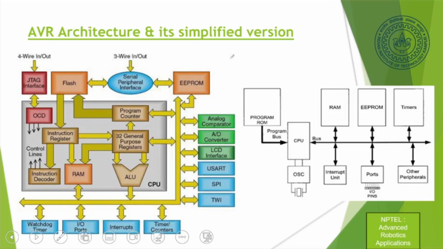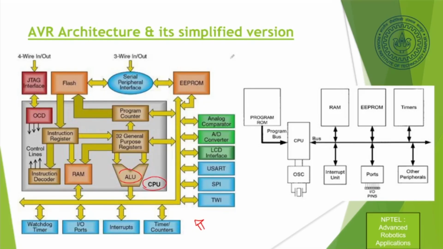In terms of the AVR chip architecture, a simplified version, let's not go too much into details, but if you're interested in what the architecture is inside the chip, this is the one that actually shows it. Fundamentally, there is a CPU which does the computation.